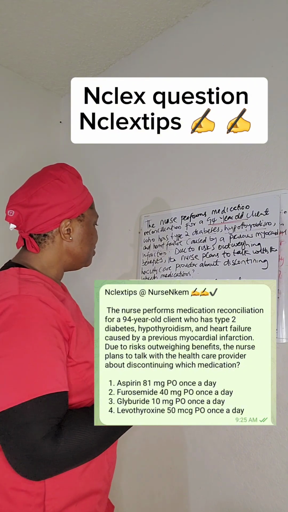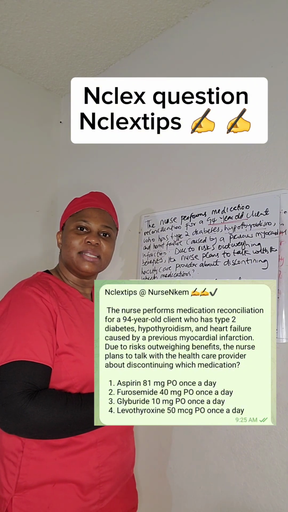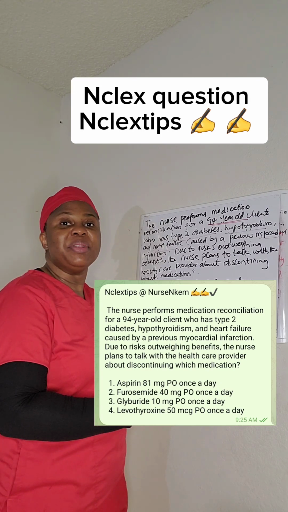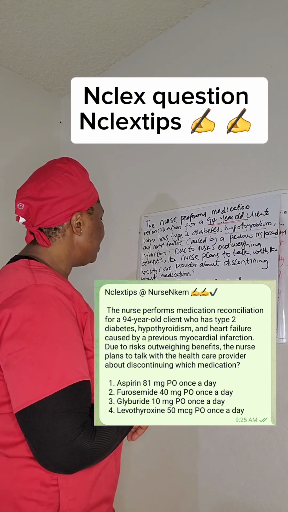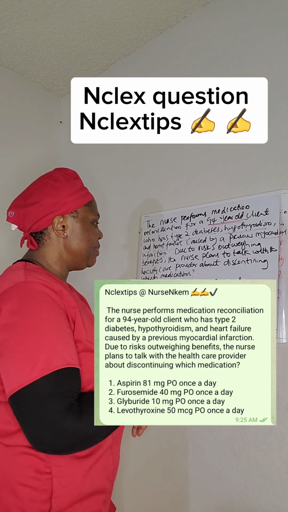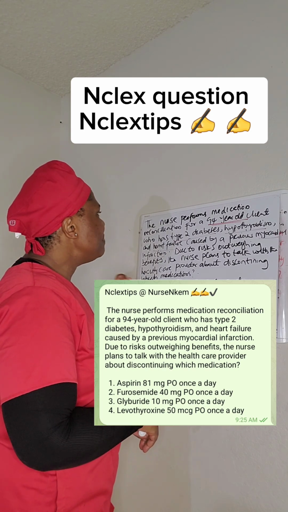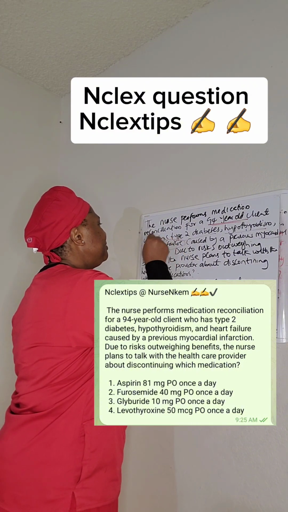Since we get confused in number 3, let's go to number 2 and see if we can discontinue or keep the medication for the patient. Number 2 says furosemide, Lasix, 40 milligram PO once a day. And this patient has heart failure.